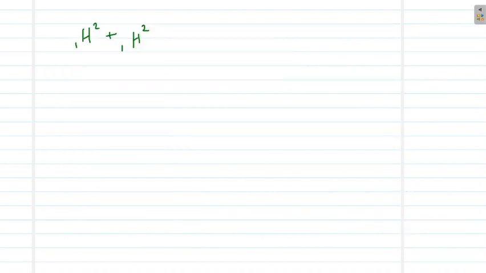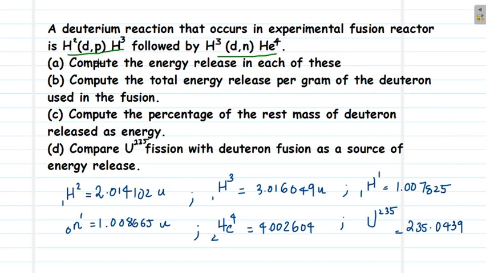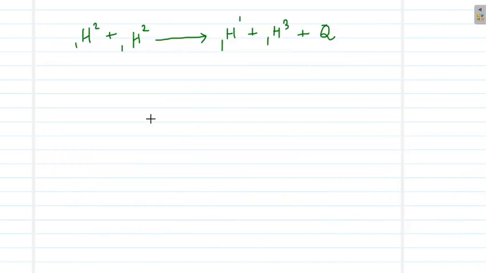A proton is simply a hydrogen nucleus, which is 1H1, plus a tritium, which is 1H3, and plus a large amount of energy. So this is the first nuclear reaction written in another format. So let us calculate the energy released in this fusion process.